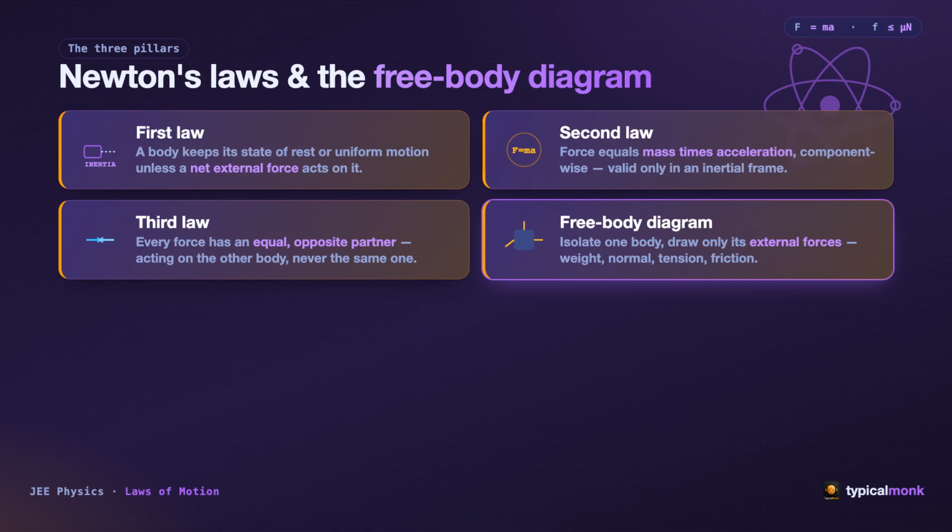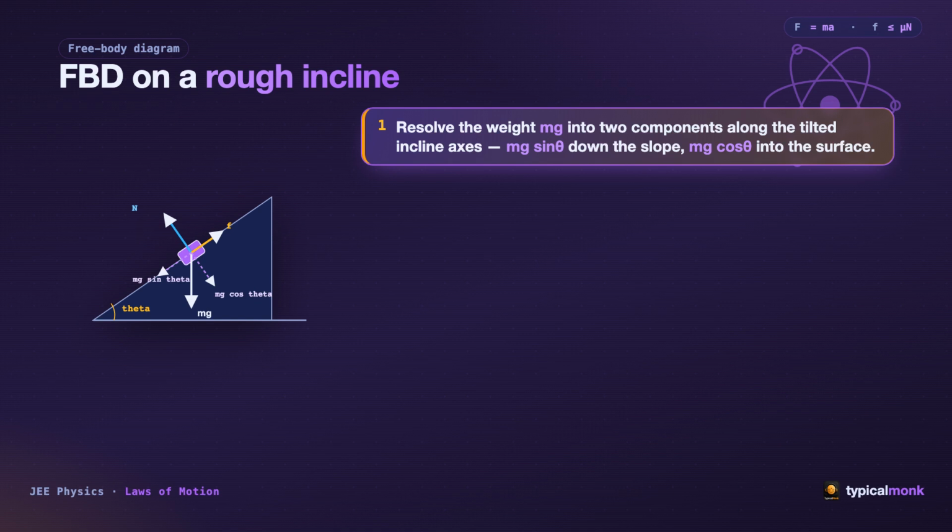The free body diagram: isolate one body, draw every external force acting on it, weight, normal, tension, friction, and nothing else, then write force equals mass times acceleration. Watch how a single free body diagram, drawn correctly, solves the whole incline problem before you write a single equation.